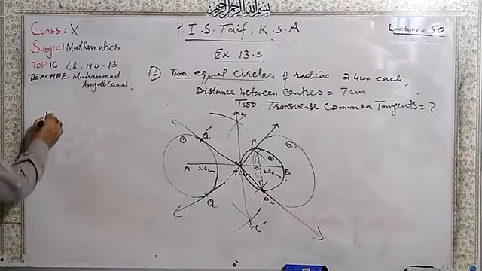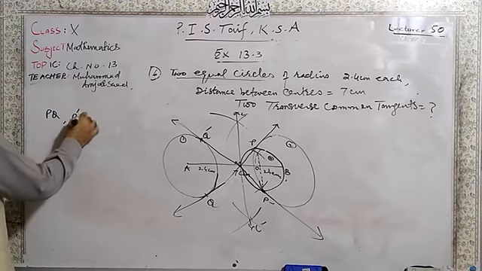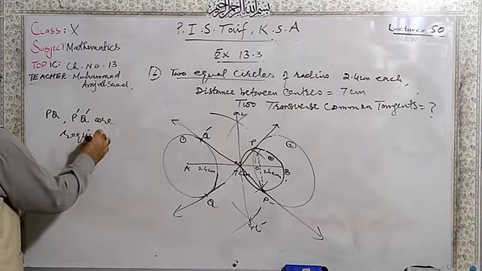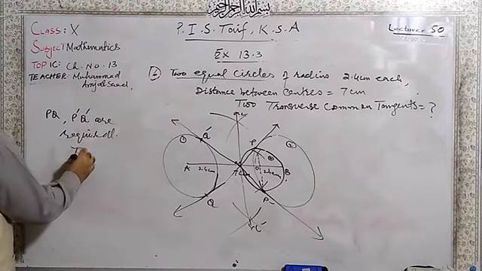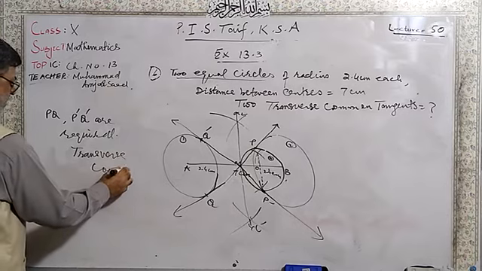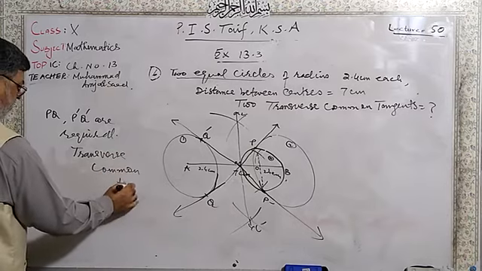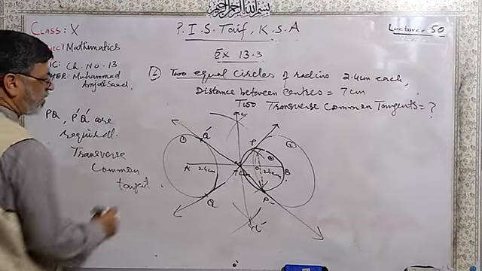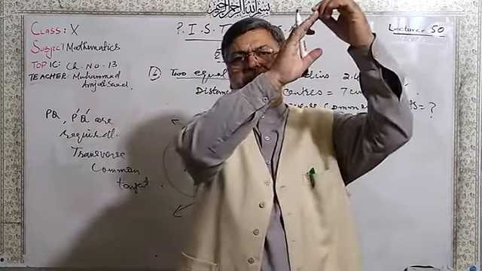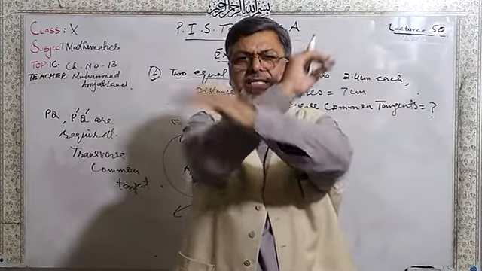So PQ and P dash Q dash are the required transverse common tangents. Remember that I told you the shape of transverse common tangent is like that: one upper part, the other is the lower part of the second circle.